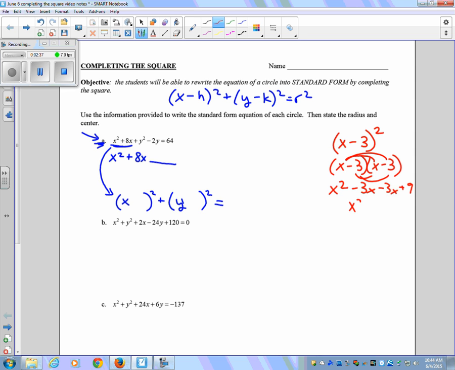So this is x squared minus 6x plus 9. This is a trinomial, 1, 2, 3 terms, that can be factored into this form, right? x minus 3, the quantity squared, equals x squared minus 6x plus 9. So if we went to factor it, we would be putting it back into this x minus 3, the quantity squared form.